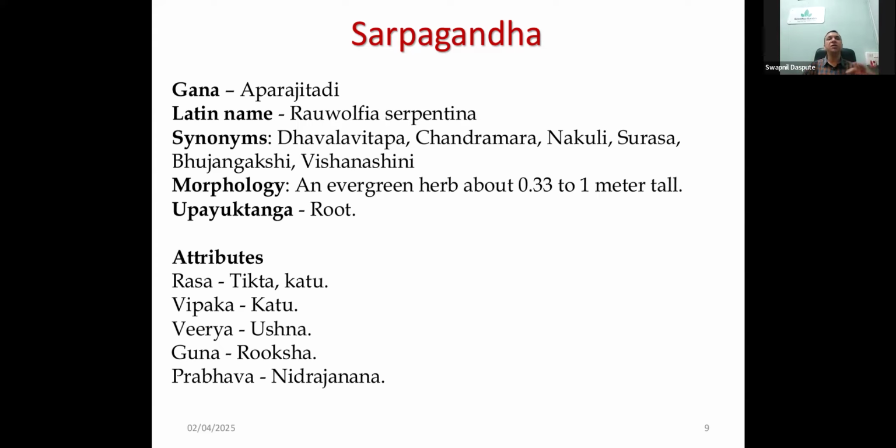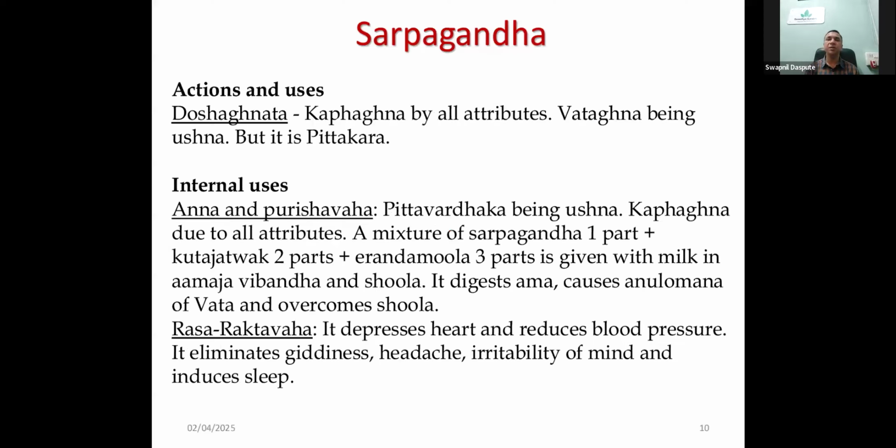So Nidrajanana is the Prabhava of Sarpagandha, and as we have studied the other herbs also, you need to keep Prabhava in mind, and maybe when you prepare notes of your own, you can highlight the Prabhava of that particular herb.